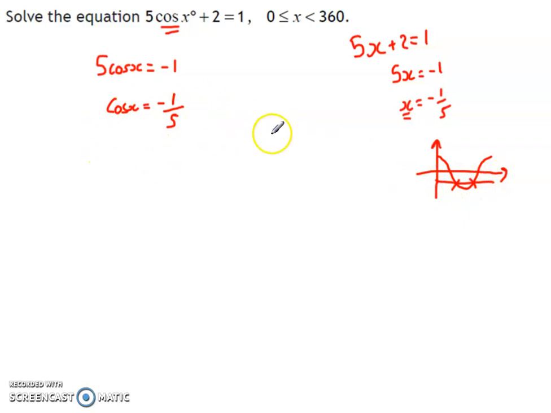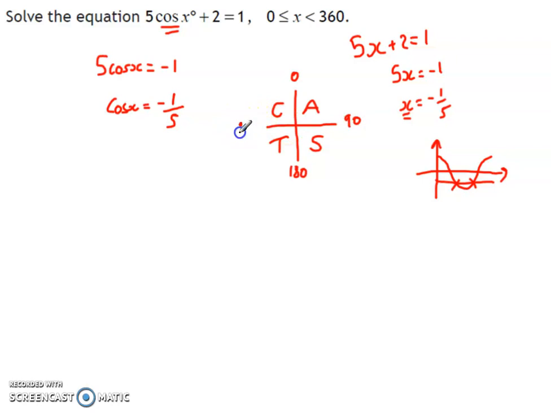Now at this stage, always do the same thing. Always draw a CAST diagram, because what this diagram covers is, like we said in class, it will show you the areas where you're going to get your solutions for each of the different types of graph, dependent on the kind of number you're after.